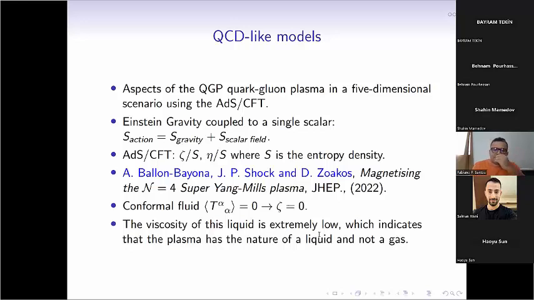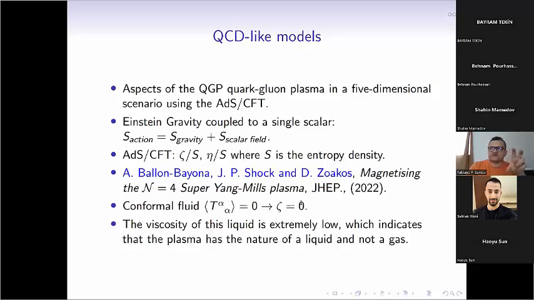My idea with my collaborators during recent years is extending this theory, for example extending the gravity and extending the AdS/CFT. And what happens with these things if we extend the theory? The motivation is the fact that the bulk viscosity is zero in Einstein gravity.